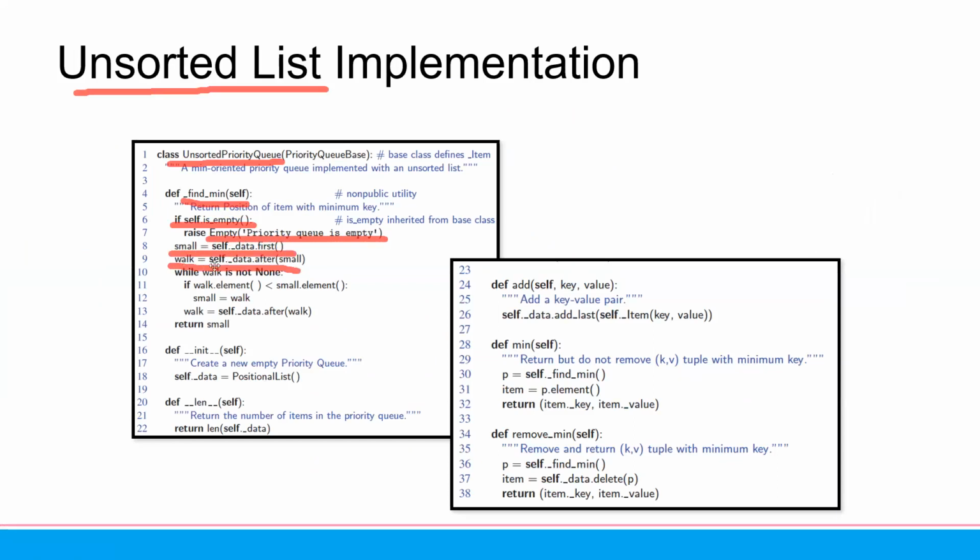The walk is we want to check what is the item after the first element. So if walk is not None, it means if the next element is not None, then we will check whether the element is smaller than the small. If it is smaller, then let's change the small to the current element. And then we go to the next element, until we finish, and we will return the small element.